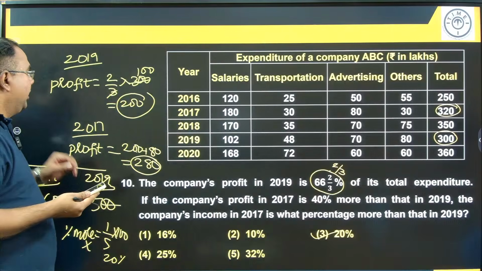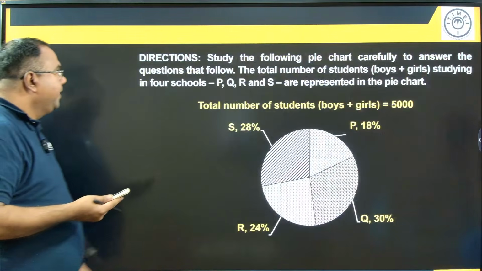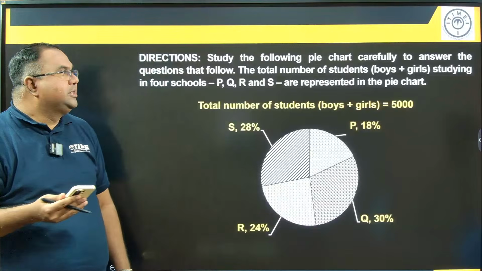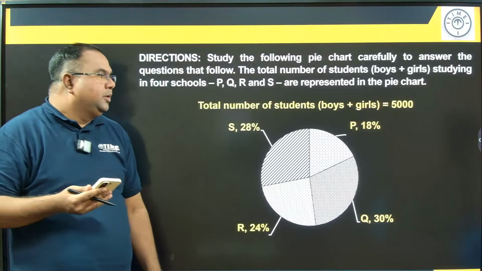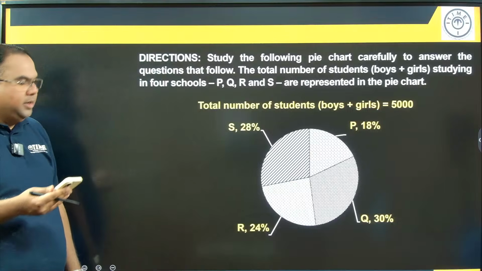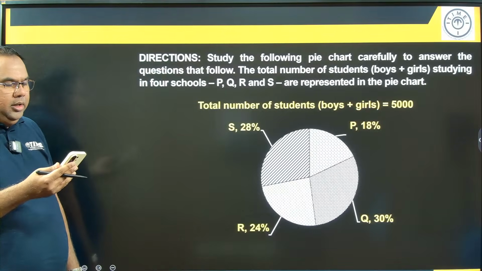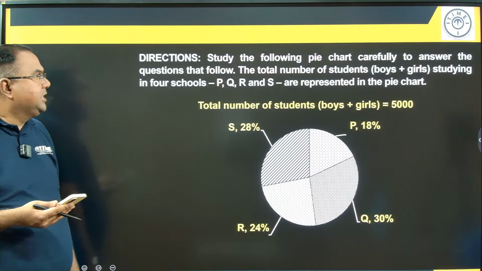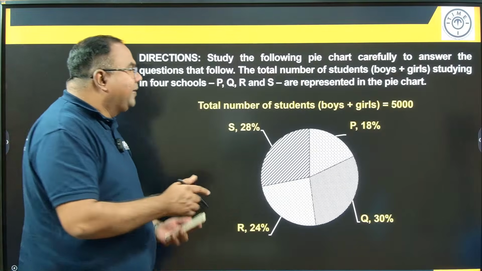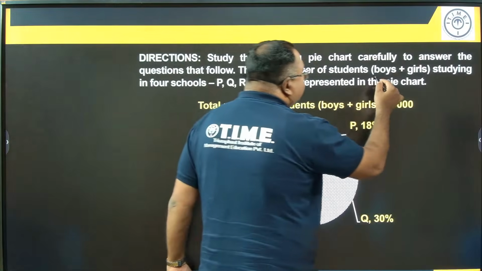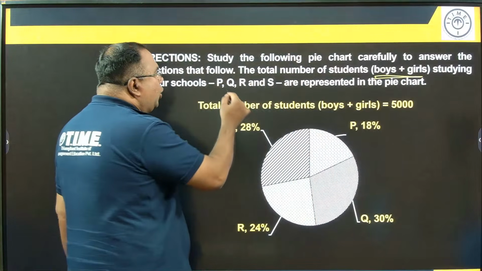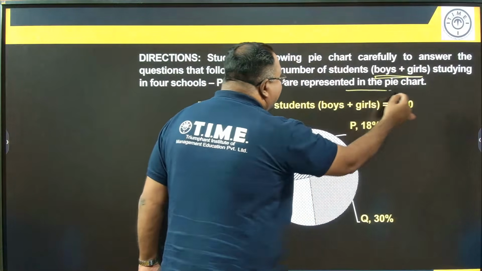So, let's move ahead. This is your third set, students. Study the following pie chart carefully to answer the questions that follow. The total number of students, boys plus girls, studying in 4 schools, P, Q, R, S, are represented in the pie chart.